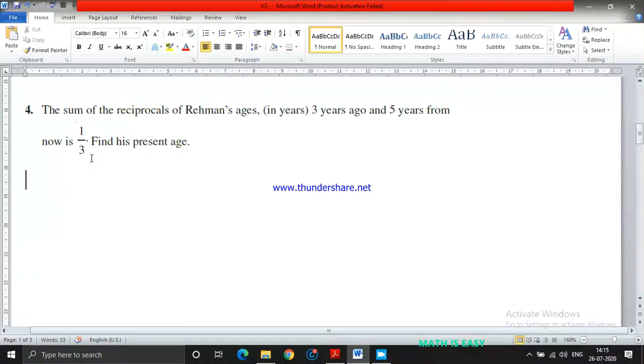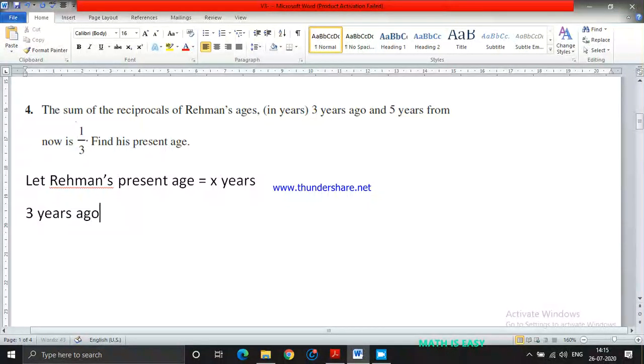Okay. So let Rahman's present age be equal to x years. If present age is x years, then 3 years ago, Rahman's age equals x minus 3.